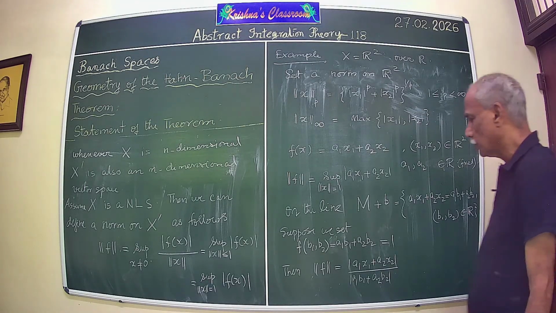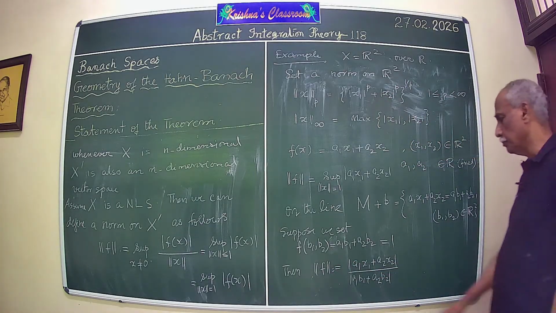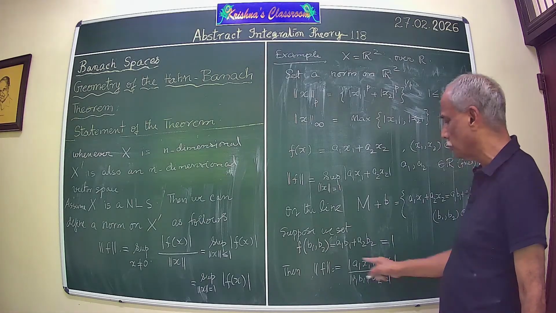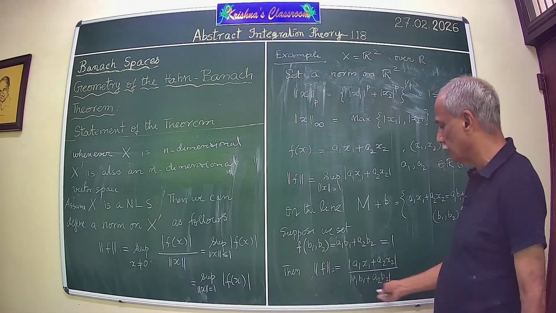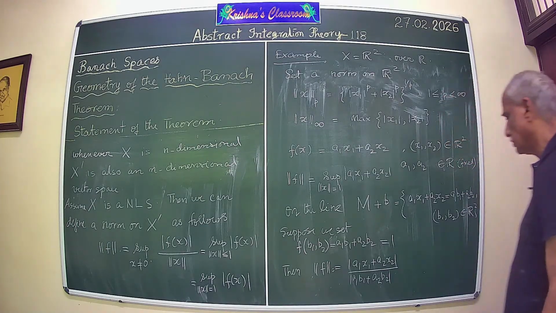So this will turn out to be what is called the norm. So that when B1, B2 belongs to M, and for those, okay, this will be the norm, right?